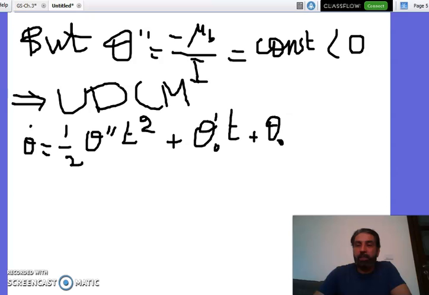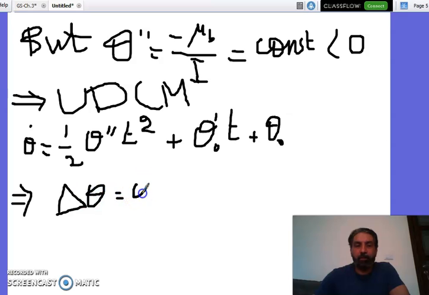Okay, so we calculate delta theta. We have everything. Just replace theta double prime from here, and you have the time 5, you have this, so we can calculate delta theta or theta, doesn't matter here, which is equal to theta minus theta 0. It's like delta x in rectilinear motion, okay? Equal 236 radian.